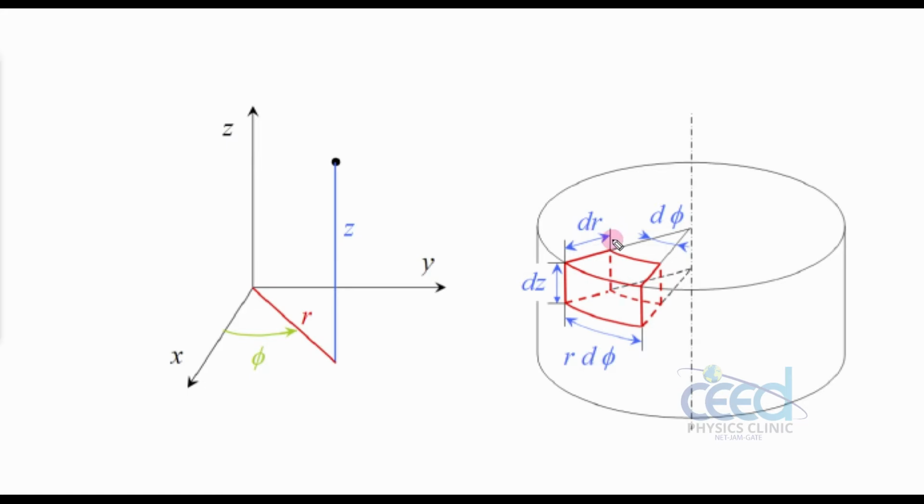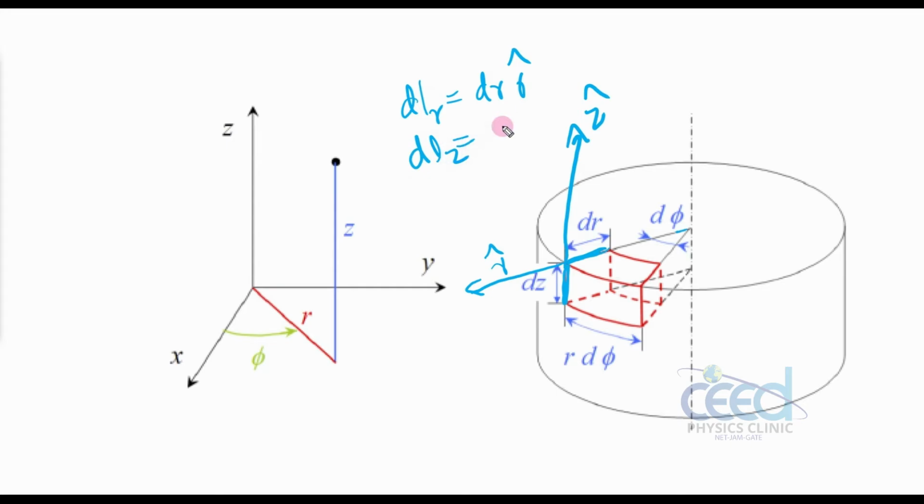Now let us think about the length element. The length increased in the r direction is dr, and its direction is r cap, so dl r is equal to dr r cap. The length increased in the z direction is dz, its direction is z cap, so dl z is equal to dz z cap.